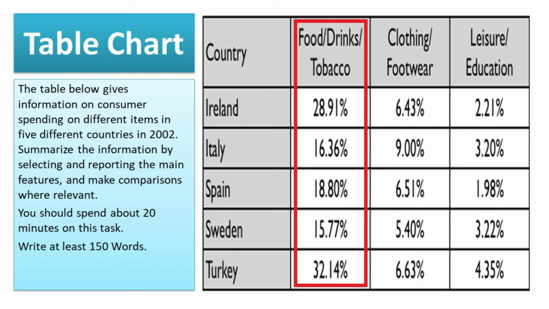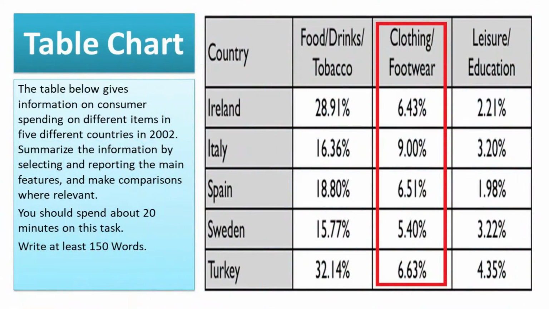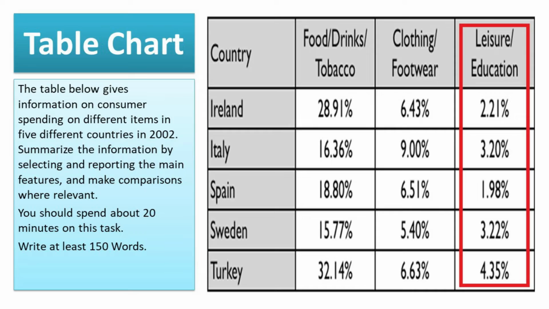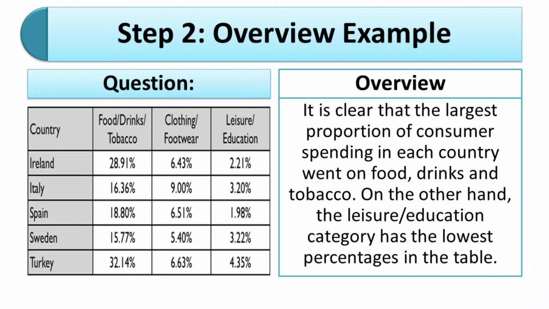In this regard, the second priority is clothing and footwear, whereas leisure and education is the area where all the countries are spending least. You just need to mention the same in 1 or 2 sentences and this will become your overall.